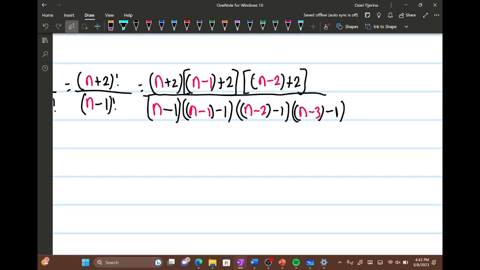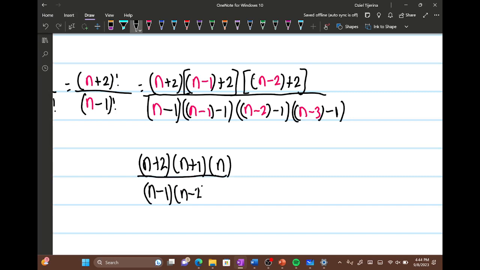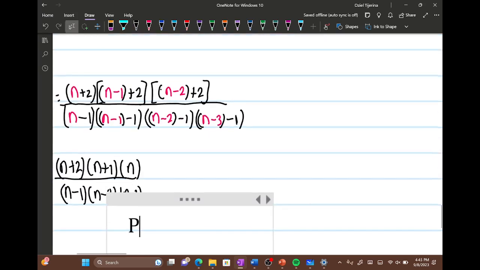So then this will be n plus 2, and then times n plus 1 times n, and then over, it's going to be n minus 1 times n minus 2 times n minus 3, and so on and so forth. If we keep going here, this is where I was getting to.